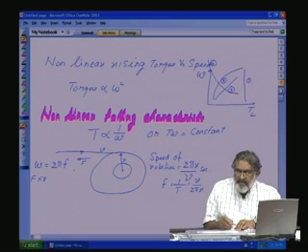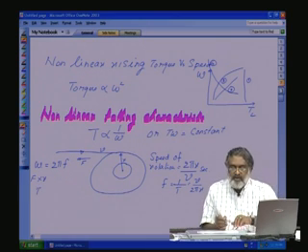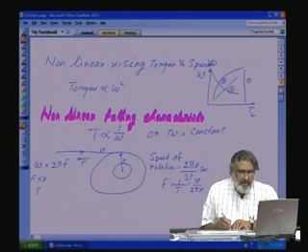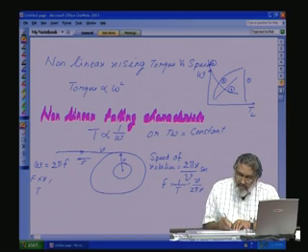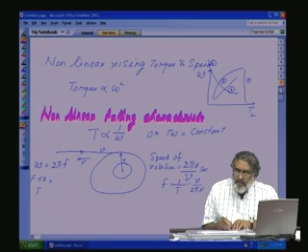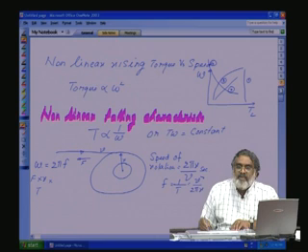This will give the torque, F into R. Torque into omega, and omega is equal to 2 pi f, which is V by R from here.